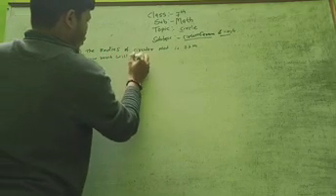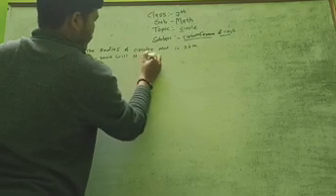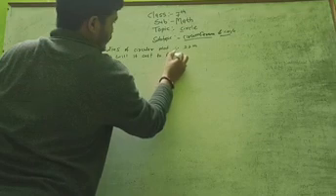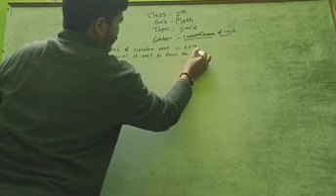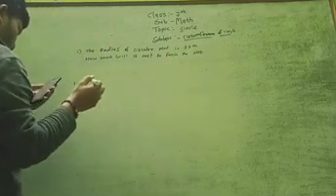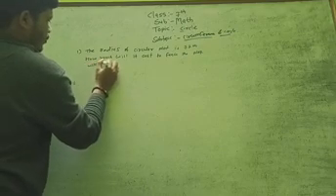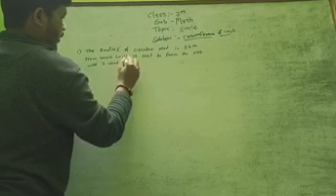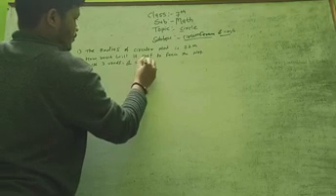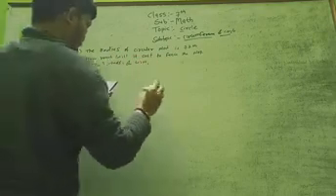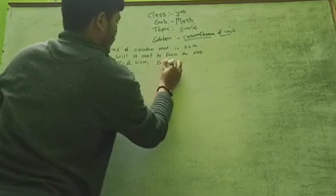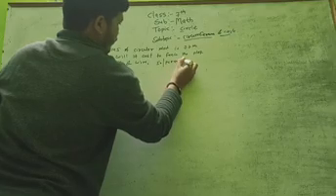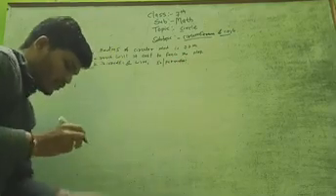How much will it cost to fence the plot with 3 rounds of wire? And the cost of wire is 50 rupees per meter.